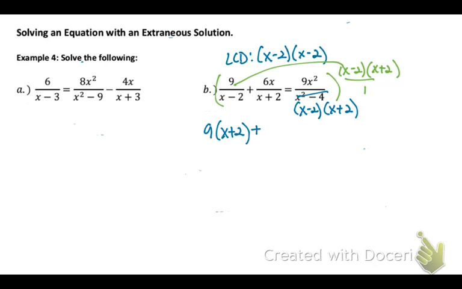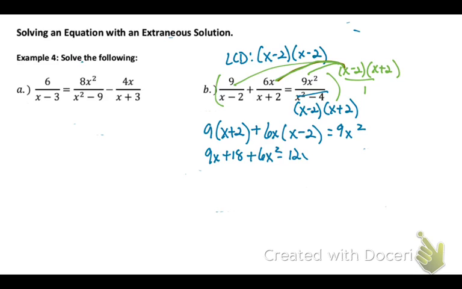Then for my second one, the x plus 2's will divide out, and I get 6x times x minus 2. And then finally, both of my terms divide out in the denominator, and I am just left with 9x squared. So now I'm going to distribute and just solve that equation.